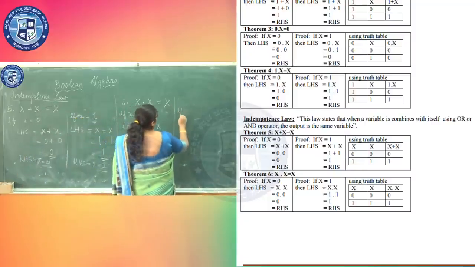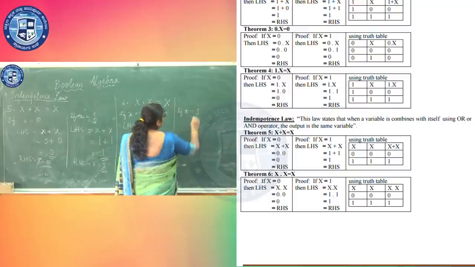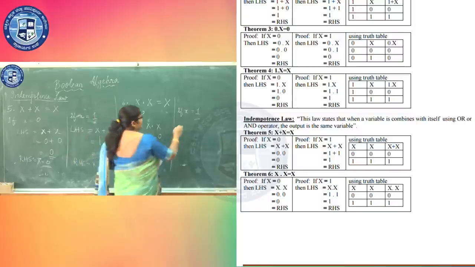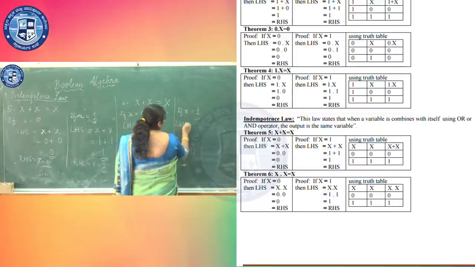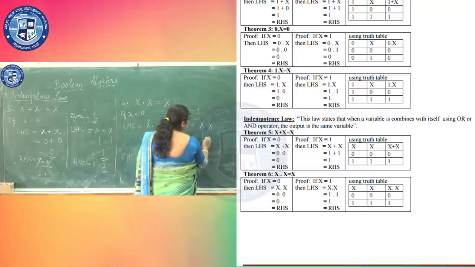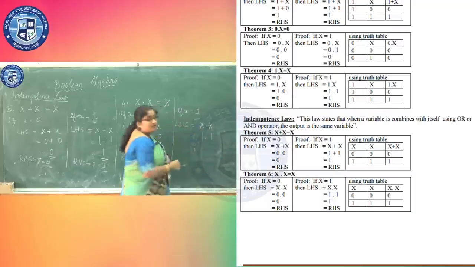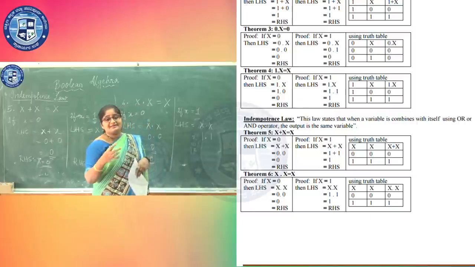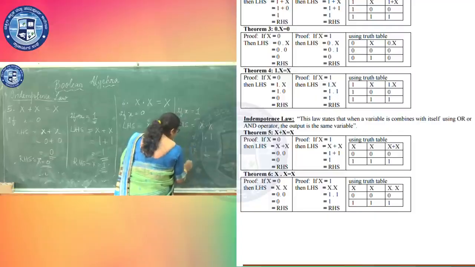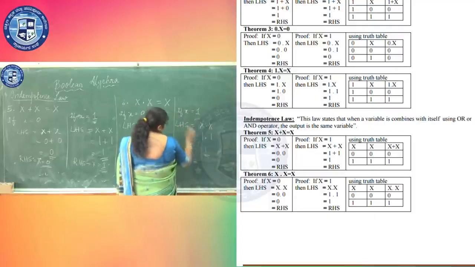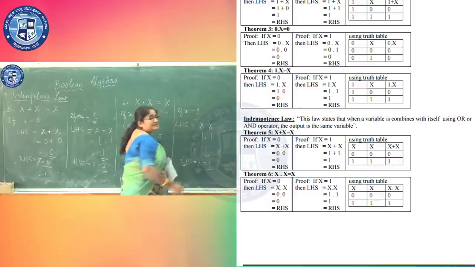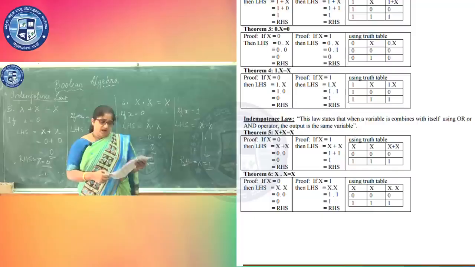Next, if x equal to 1, now we are putting the value of x to be 1, where LHS x into x, 1 and 1, 1 into 1, or you can say 1 and 1, that is nothing but 1, where we have the RHS as x. So x value we have taken to be 1. So LHS is equal to the RHS.